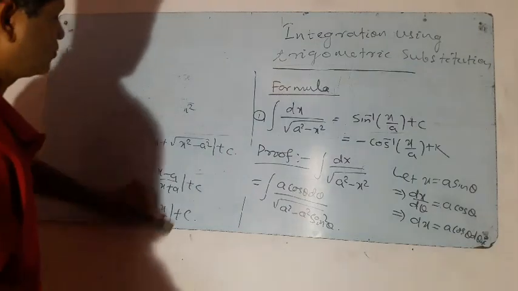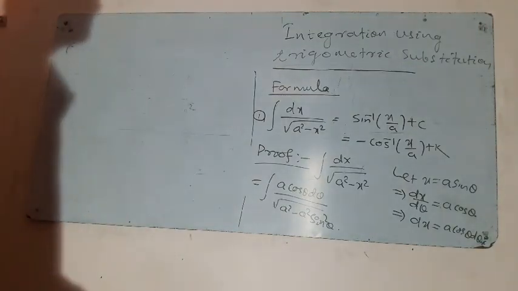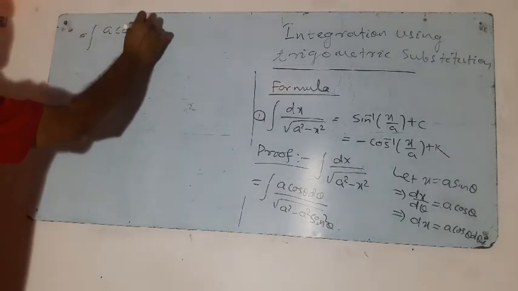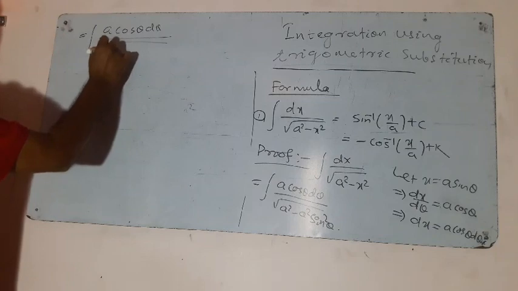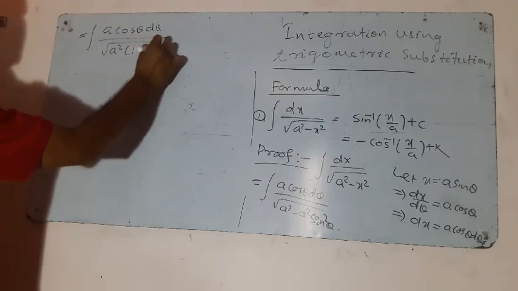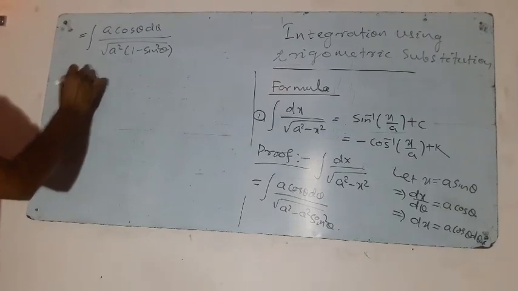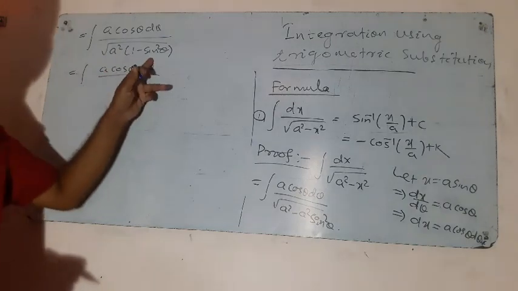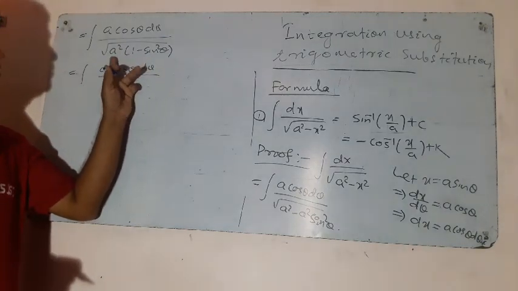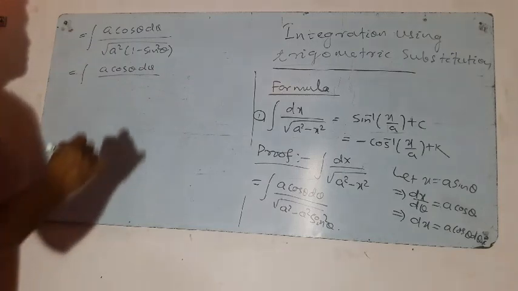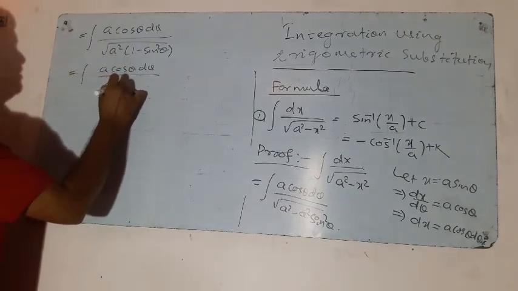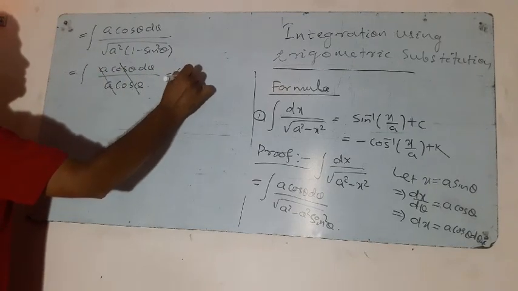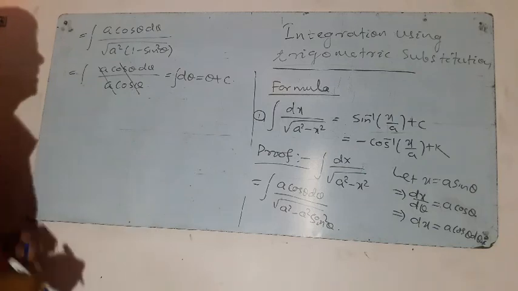It is integration of a cos theta d theta by root over a square into 1 minus sin square theta. Tell me what is 1 minus sin square theta? It is cos square theta. So it will be a square cos square theta, and within the root over a square cos square theta, it will be a cos theta. Cos theta cancel, a cancel. It is integration of d theta is equal to theta plus c.